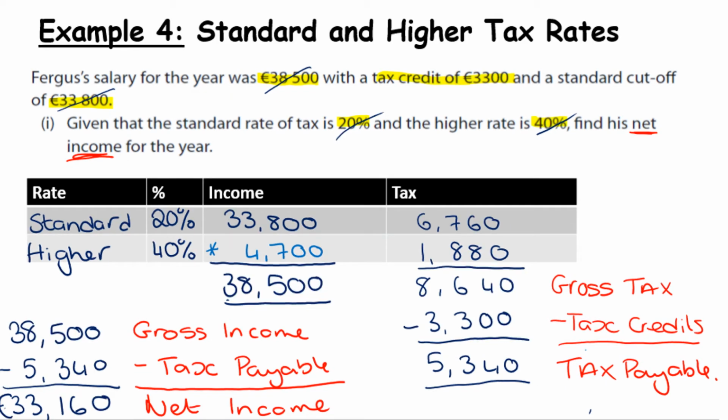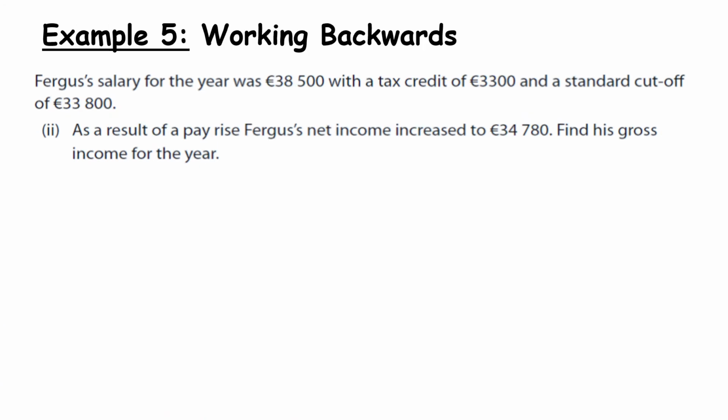Just a final reminder, be very careful to read the question carefully and to double check what they are asking for. Are you being asked for the tax payable or are you being asked for the net income? Example 5. So this is actually a follow-on question from the example 4 we just did, and it's very similar to an exam question that we saw appear on the actual Junior Certificate higher level paper.